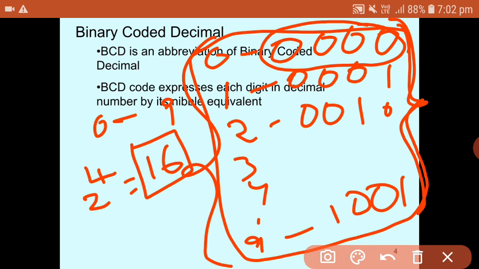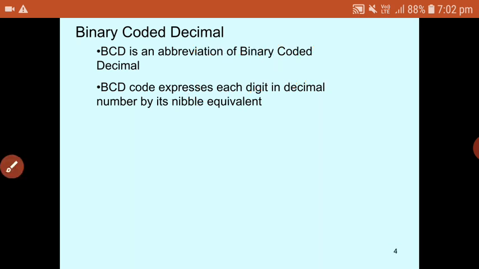The BCD code expresses each digit of a decimal number by its equivalent nibble value. A nibble is nothing but a group of 4 bits, and a group of 8 bits is called a byte.